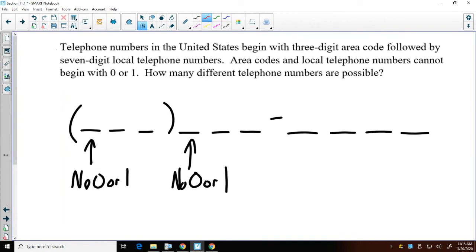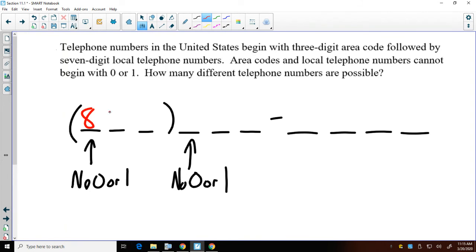So how many digits are available for position 1 in the area code? Well, you take out 0 and 1, and that leaves you with 2, 3, 4, 5, 6, 7, 8, 9. So that's a total of 8 digits. How many digits are available for position 2 in the area code? Well, you can have any digit you want from 0 all the way up to 9.